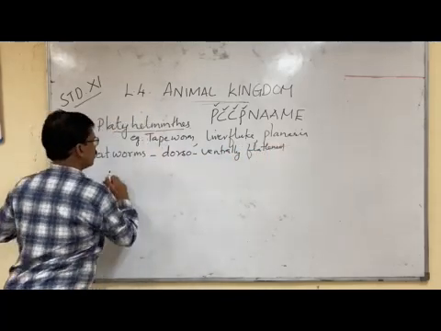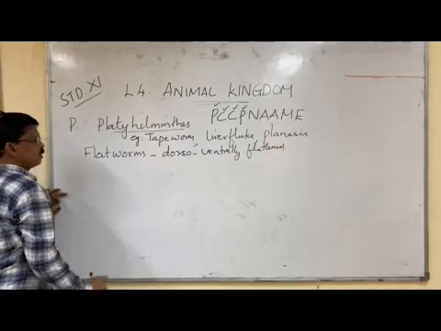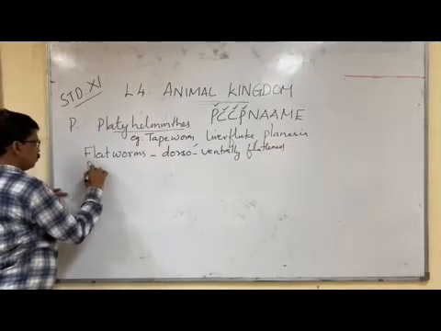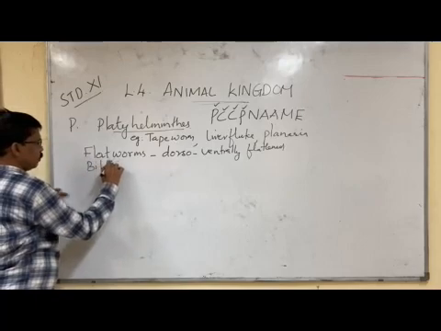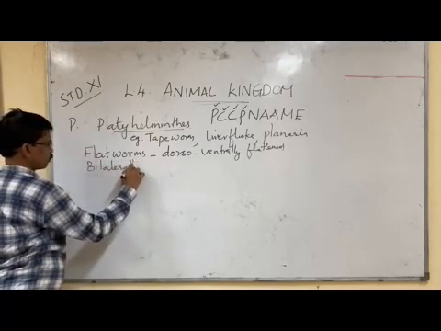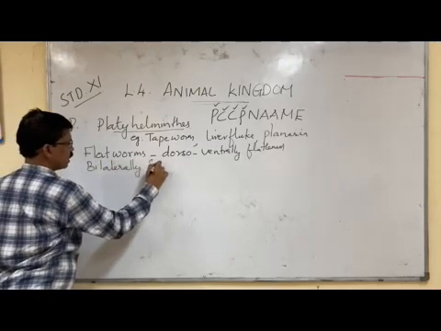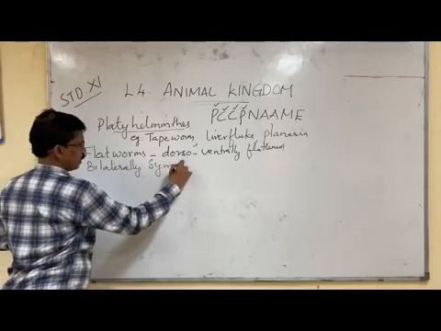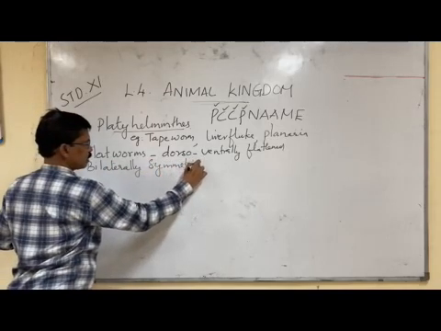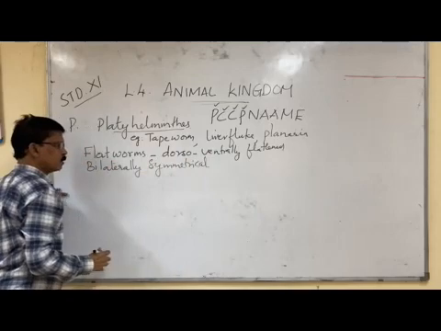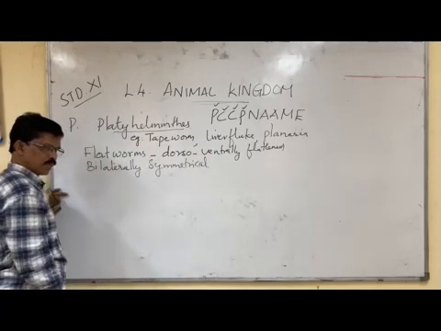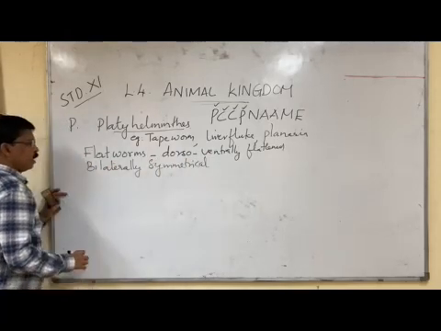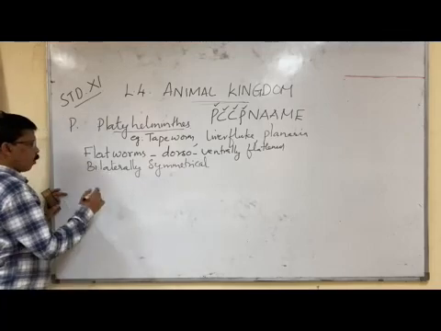Then what are the next features? They are bilaterally symmetrical. Bilaterally symmetrical, S-Y-M-M-E-T-R-I-C-A-L. Bilaterally symmetric or bilaterally symmetrical, we can say. Okay, let me write these points.